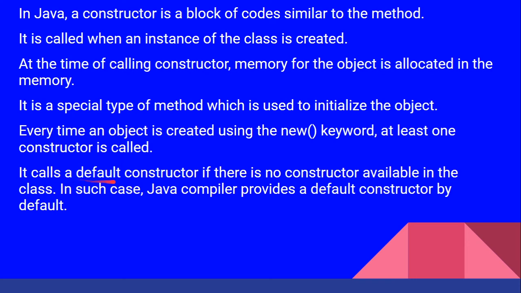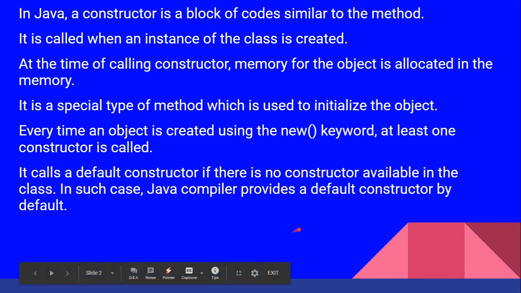It calls a default constructor if there is no constructor available in the class. In such a case, the Java compiler provides a default constructor by default. So as I said previously, the default constructor is automatically called if no specific constructor is mentioned explicitly in the class.